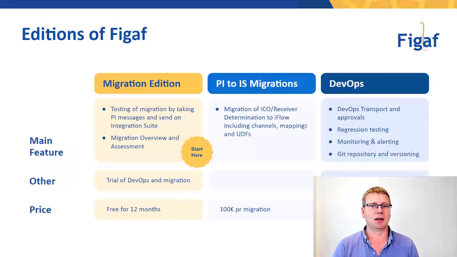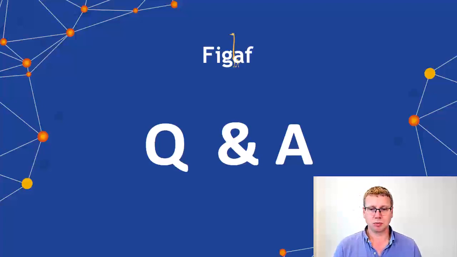All of them are forwards compatible, so it's really easy to upgrade. And when you have it in Cloud Foundry, it is all in your tenants. All the data exists in your instance of Figaf, making the data privacy a lot better, and it's the recommended approach. That was what I wanted to cover.